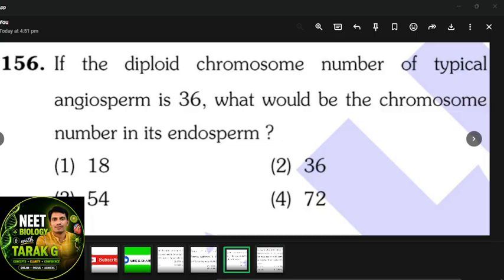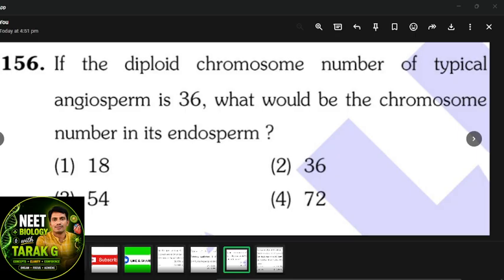This is from sexual reproduction of flowering plants. Then what would be the chromosome number in the endosperm? They asked for the endosperm chromosome number. This is a very direct, easy question.